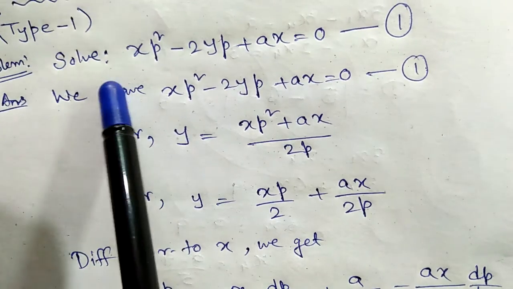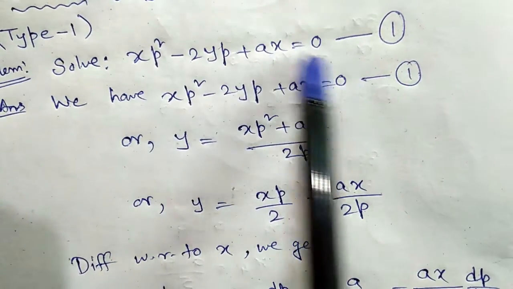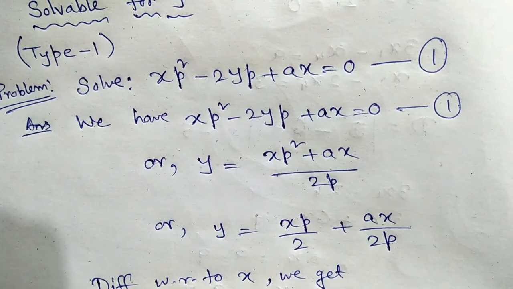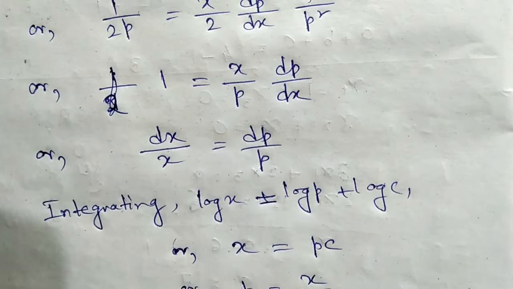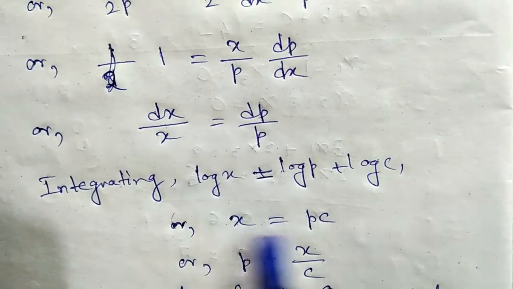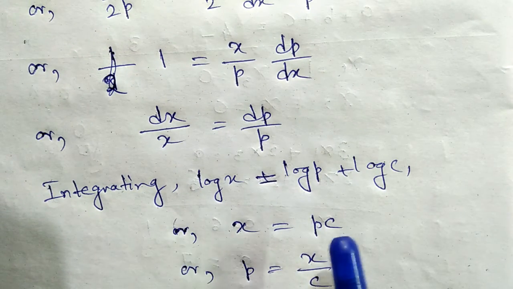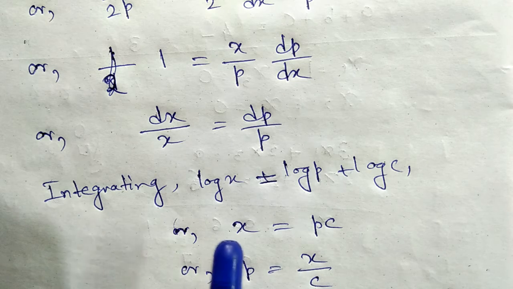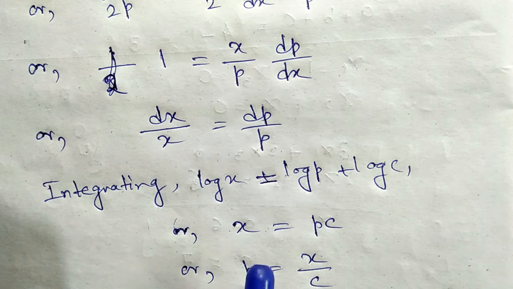In the type 1 problem, what is the difference between type 1 and type 2? In case of type 1, when we get the value of this from the equation x equal to pc, we can get the value of p as p equal to x by c.